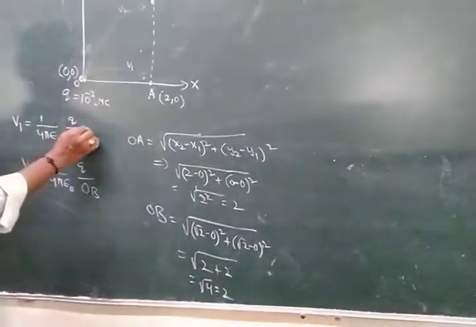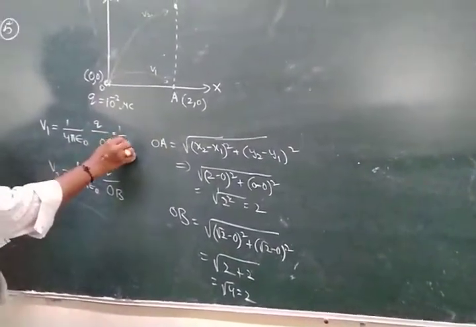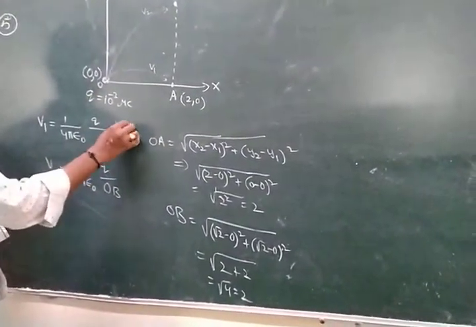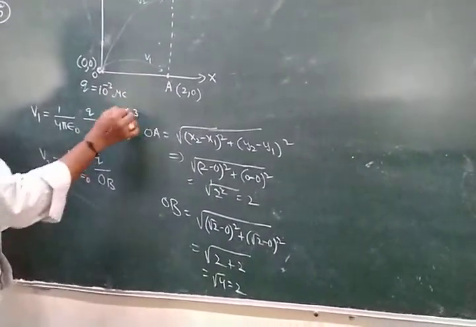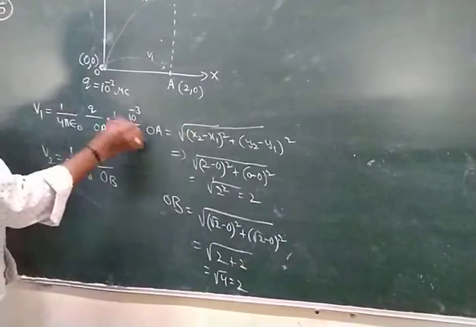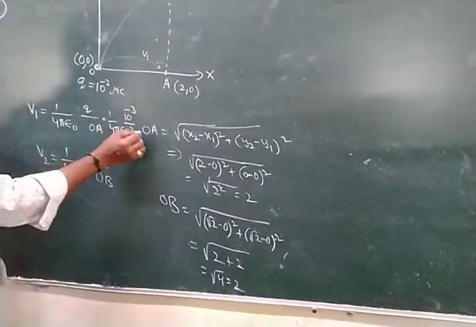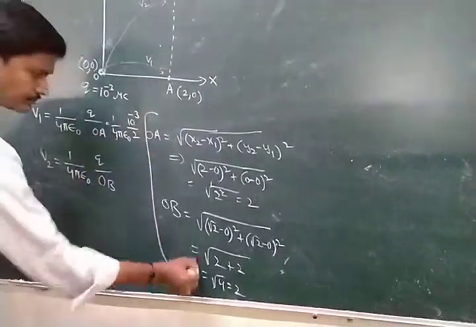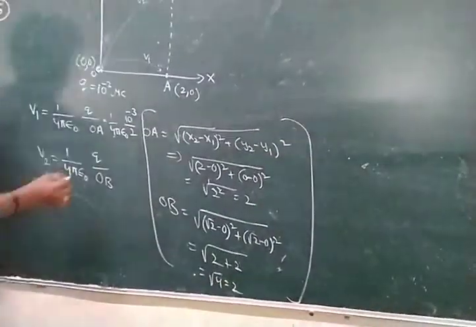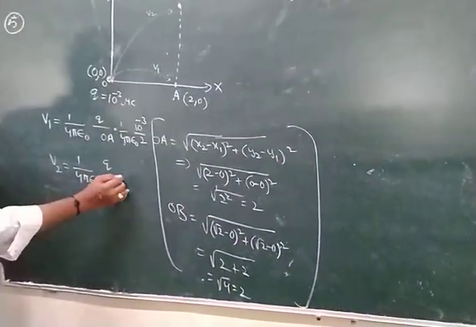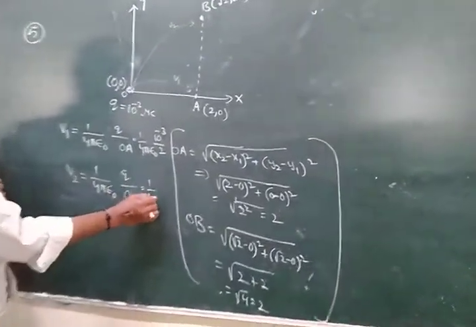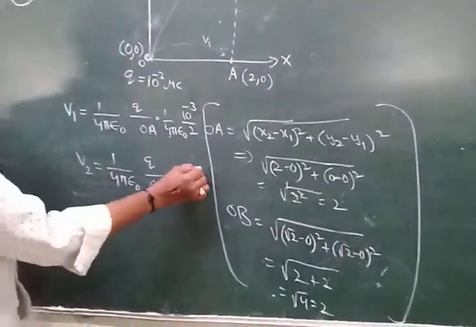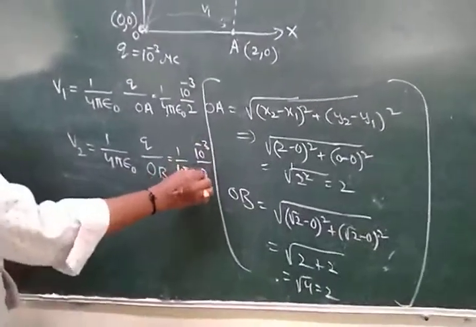Here, 1 by 4 pi epsilon naught 10 power of minus 3 divided by OA, whose value is 2. Next, here 1 by 4 pi epsilon naught 10 power of minus 3 divided by 2.